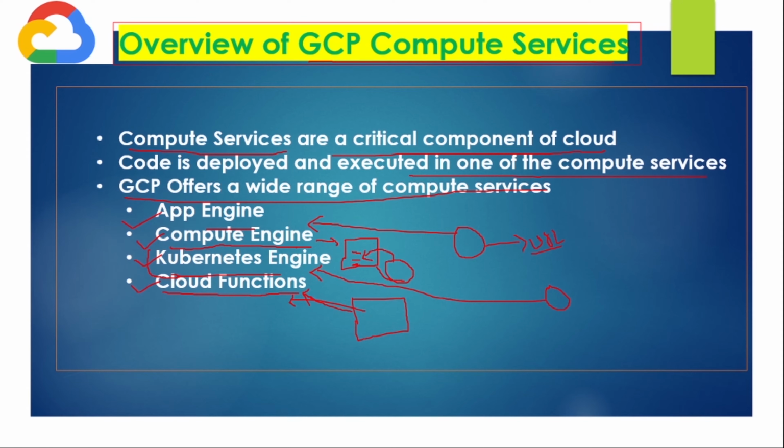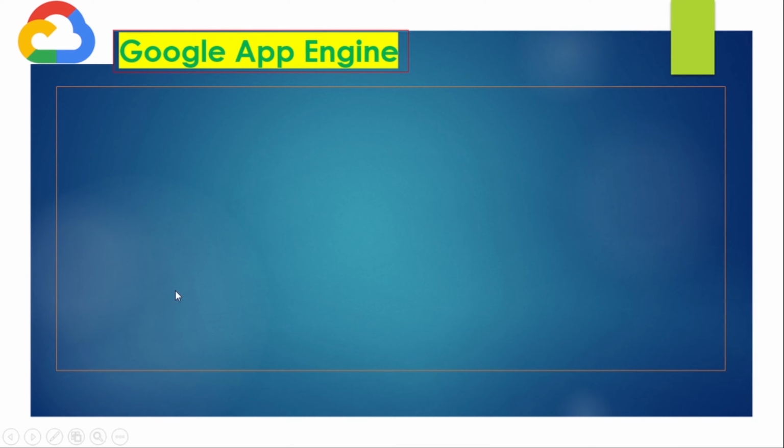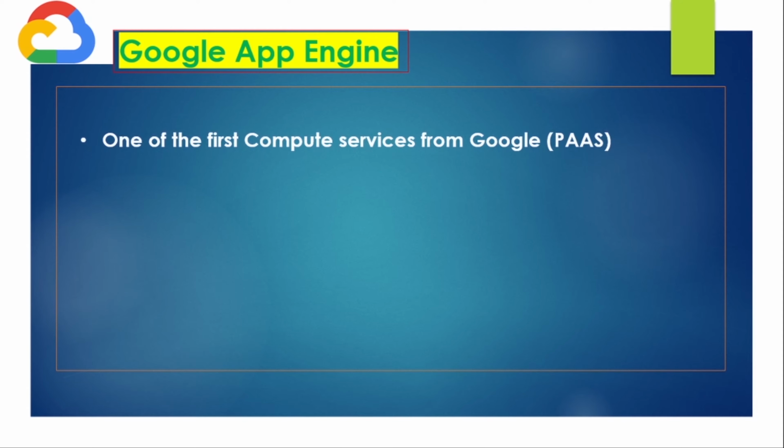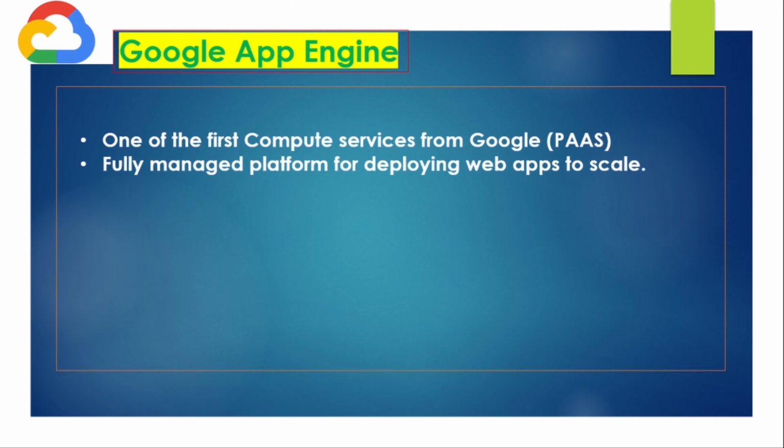Now let's have a closer look at App Engine. As discussed, App Engine is one of the first compute services that was offered by Google, and it's a platform as a service, right? You can say that App Engine is a fully managed platform for deploying web apps to scale. What does fully managed mean? That means that the developers don't have to worry about anything like provisioning, management, scaling, security. All these things are taken care of by App Engine.